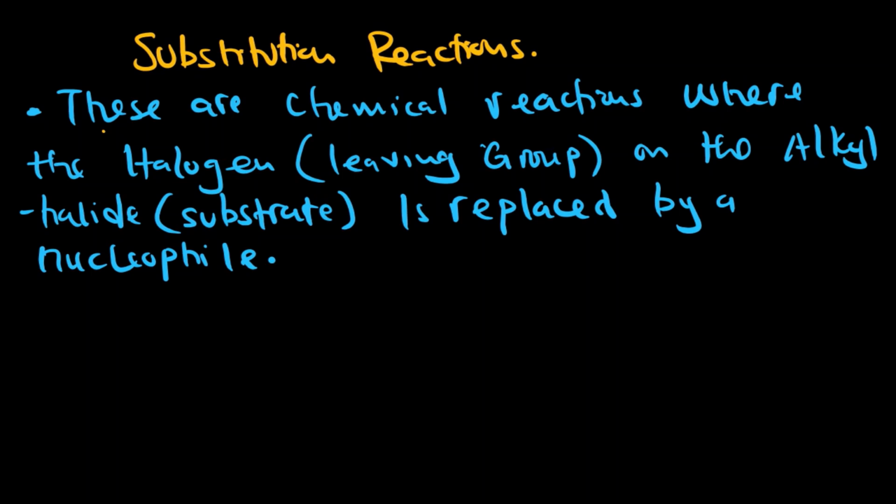Remember, we said that a nucleophile is a negatively charged species or a species that has got a lone pair of electrons, referred to as a Lewis base. There are two types of substitution reactions.